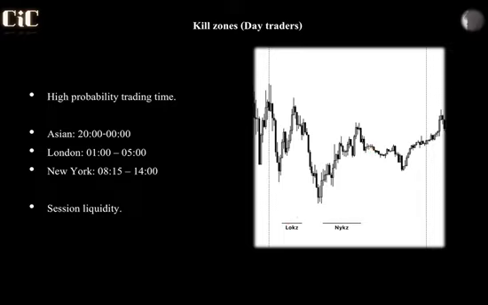That's what we're trying to predict, right? So the market makers are using the sessions to generate liquidity, and they're using each session to move the market in a certain way depending on which liquidity it took first.